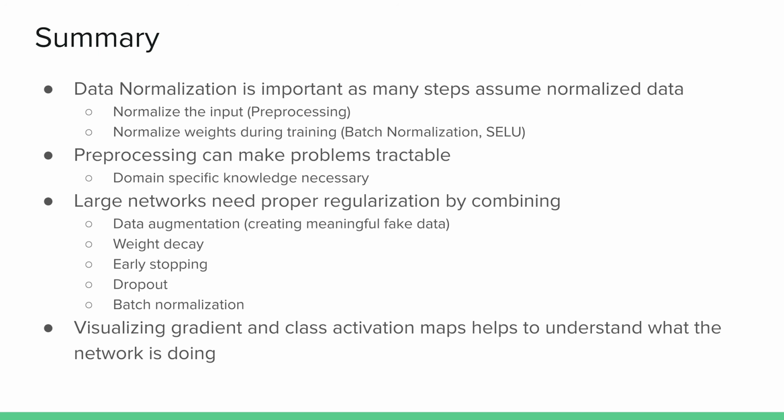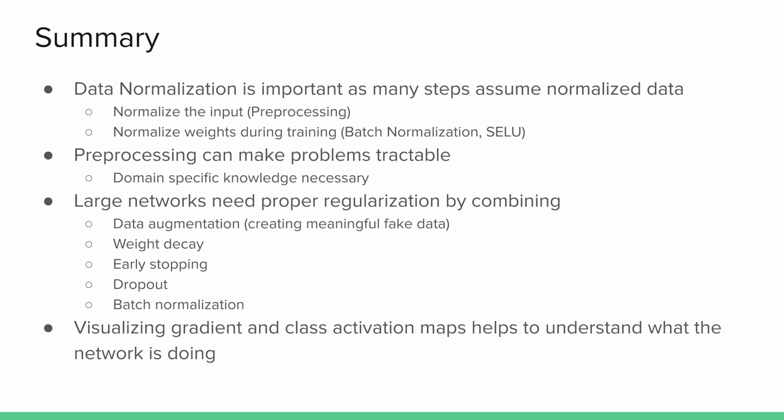Early stopping is something where we stop when we see no more improvements on our validation set, which is both beneficial for the overall performance, as well as we're saving time. So I would definitely recommend this one. Dropout, where we can intrinsically train model ensembles, or batch normalization.